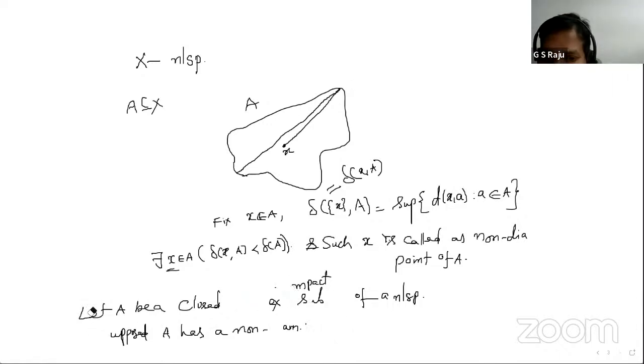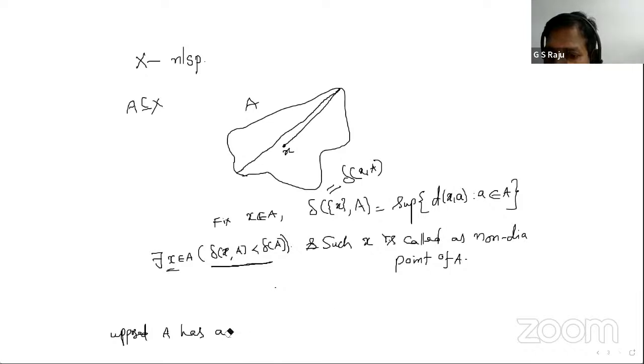So if for this A we have an X which satisfies this property, suppose X is a non-diametral point, this X we call a non-diametral point.